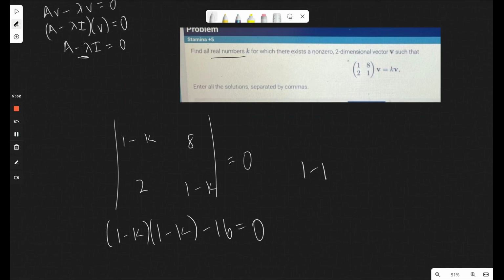So you get (1 minus k) squared equals 16. So 1 minus k either equals 4 or negative 4. And so that means that k either equals -3 or it equals 5. And so these would be our eigenvalues for this matrix, and they would both have corresponding eigenvectors, which is what we'll cover in the next video.